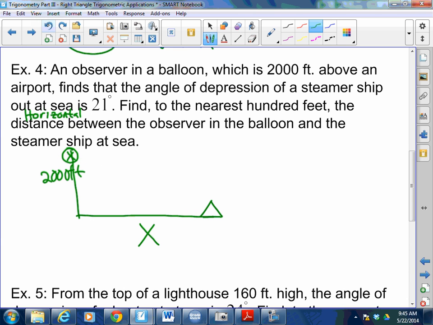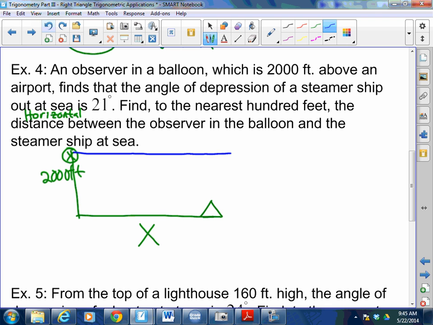Now, I want you to pay attention to this, though, guys. How many people think that this angle here is 21 degrees because it's an angle of depression? Right? Okay, wrong. Let me show you. I do this on purpose. When the person in the balloon looks down, isn't this a baseline?